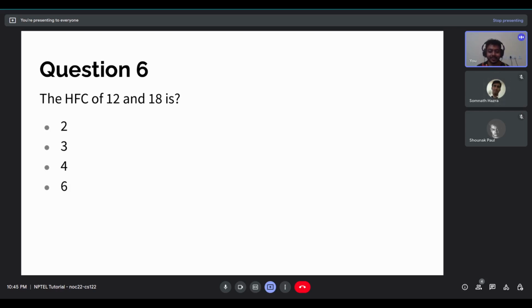Yes, exactly, 6. If you break down the numbers into their prime factors, 12 will be 2 into 2 into 3, whereas the prime factors of 18 are 2 into 3 into 3. If we take the common factors, we have one 2 and one 3 as common, so the highest common factor is 6.